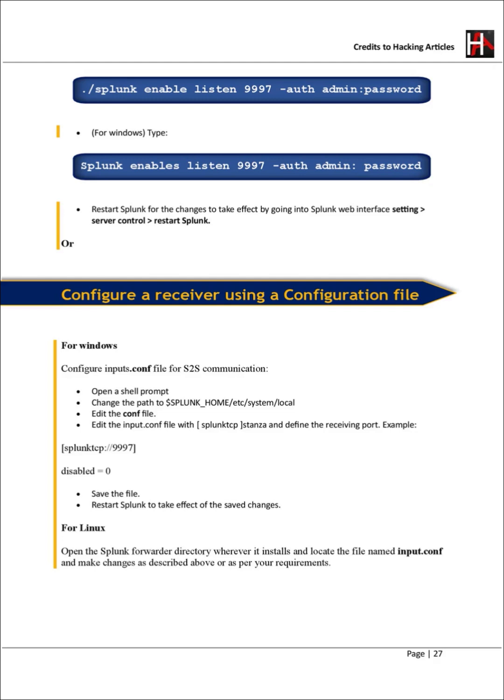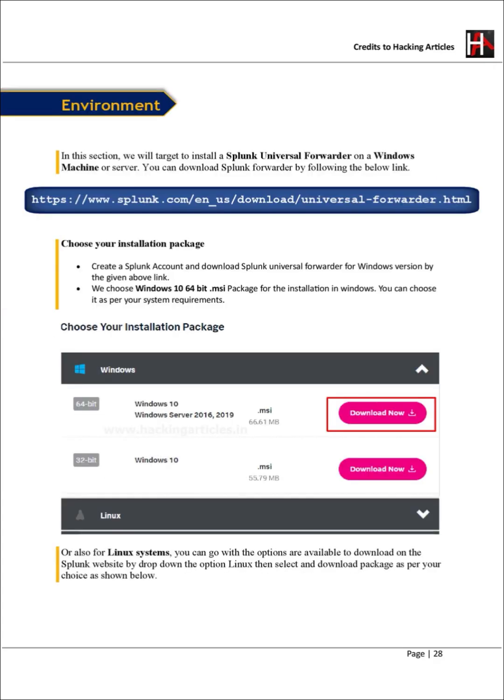Configure the inputs.conf file for S2S communication. Open a shell prompt. Change the path to $SPLUNK_HOME/etc/system/local. Edit the conf file. Edit the inputs.conf file with a splunktcp stanza and define the receiving port.